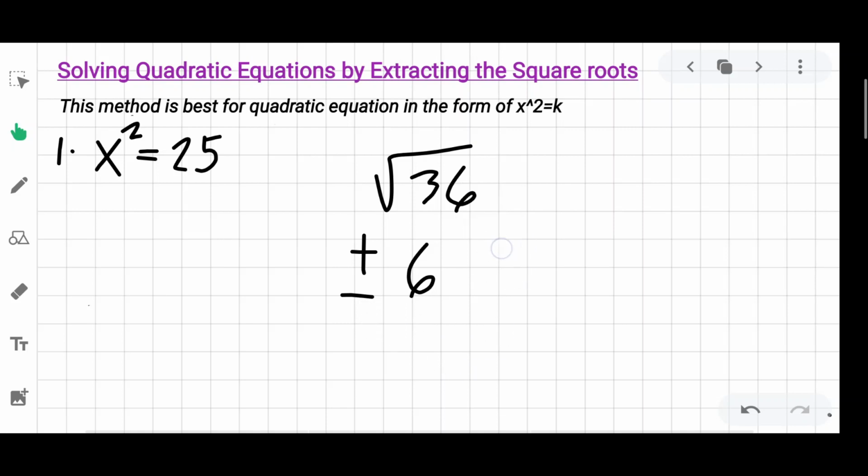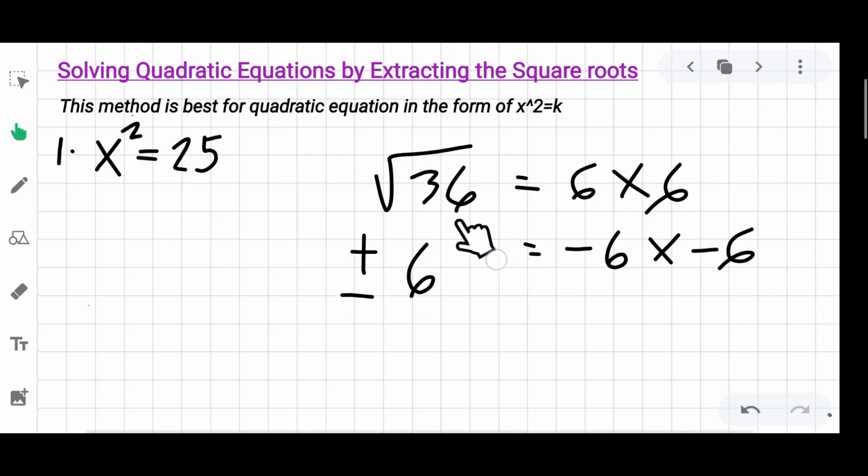Kasi yung 36, ang square root ng 36 ay pwedeng 6 times 6. Pwede rin siyang negative 6 times negative 6. Kaya, kapag tayo ay nag-i-square root ng isang particular number, dalawa lagi ang magiging sagot. Positive and negative, and then the answer for that particular na ini-square root natin.